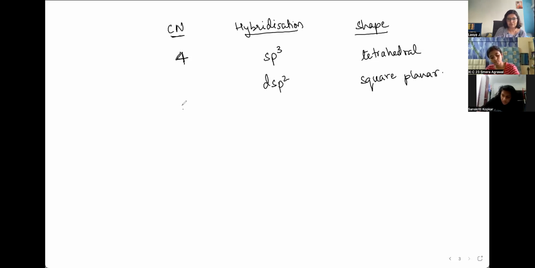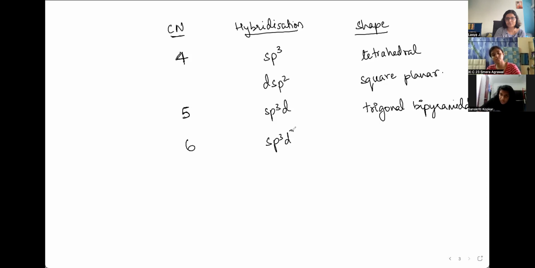And if you have coordination number 5, if it needs to form 5 bonds, you have sp3d, which is trigonal bipyramidal. And if it is 6, again you have 2 different cases. You have sp3d2, and you may have d2sp3 also. In this case, it's the same structure. Both of these are octahedral.